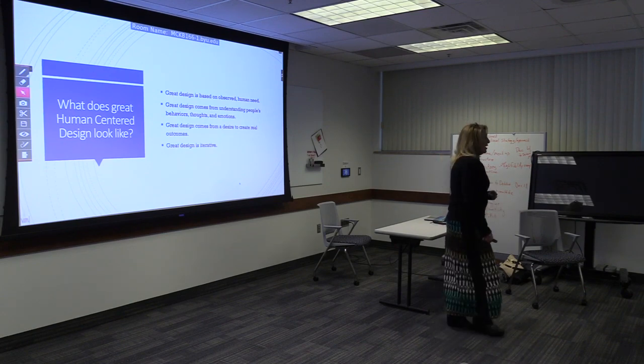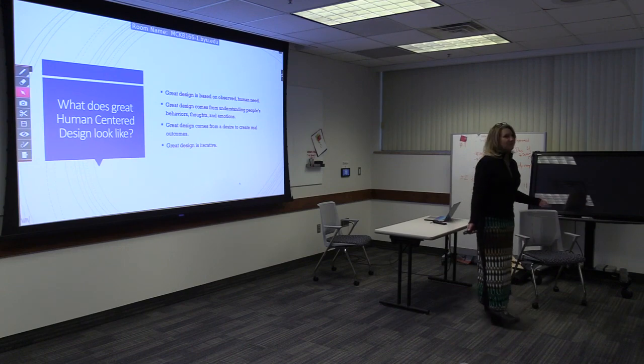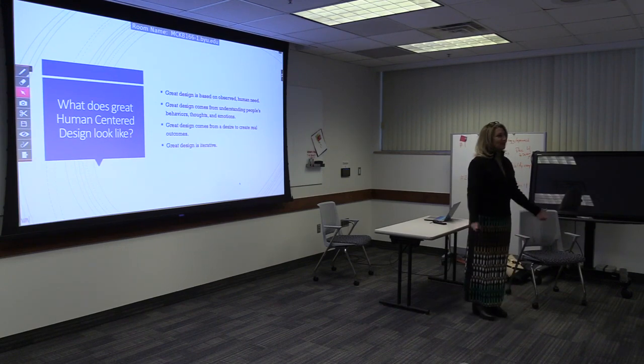But unfortunately, in my experience, I've spent 100 years now in corporate before I came to Utah State last spring, and believe me, this does not happen often enough. Human-centered design is not implemented in how we design the things that we produce.